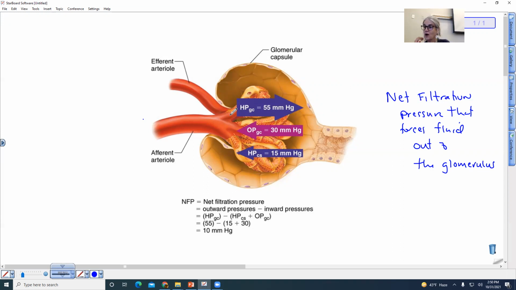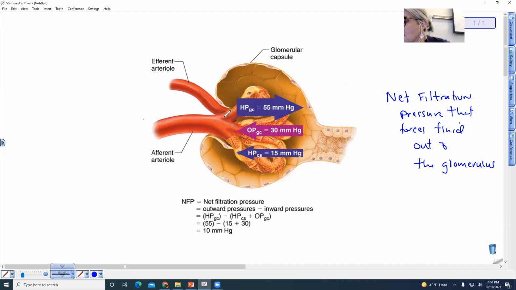One way that we can regulate it is by changing the diameter of the afferent arteriole. If we constrict the afferent arteriole, then less blood is going to come into the glomerulus, so the pressure is going to be lower and there's going to be less fluid leaving the capillaries. And if we dilate it, it's going to increase the glomerular filtration rate.